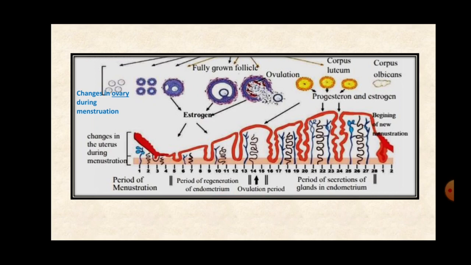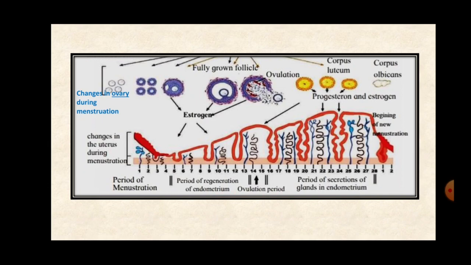Now, we have studied that fertilization takes place in the oviduct. This oocyte which has been released from the follicle is waiting in the oviduct for the sperm to come and fertilize.